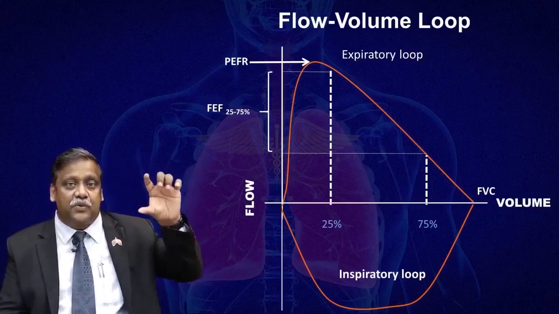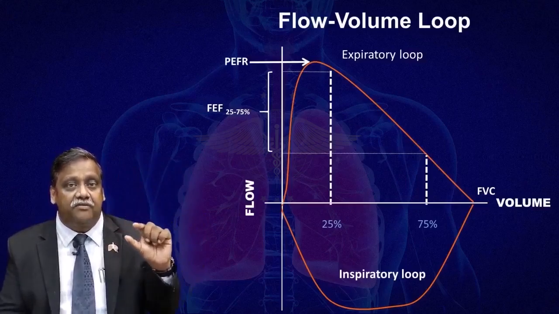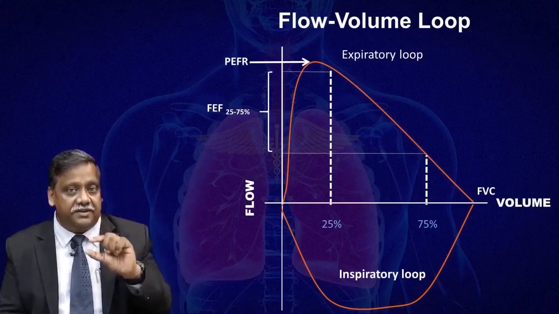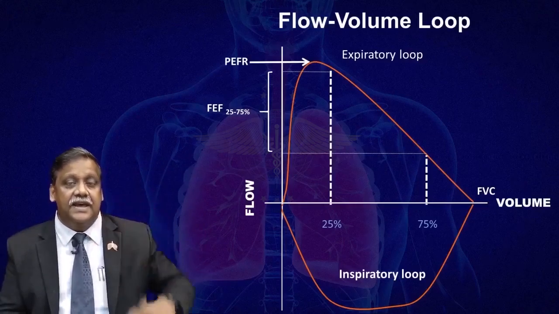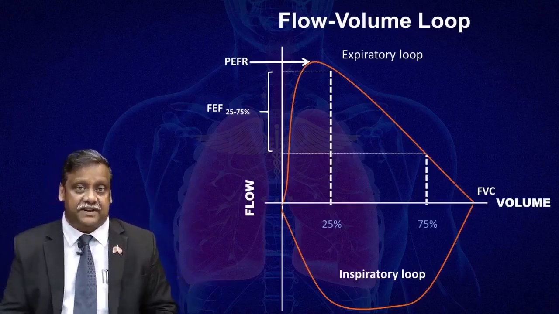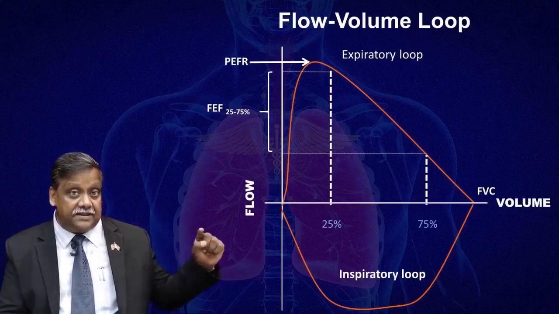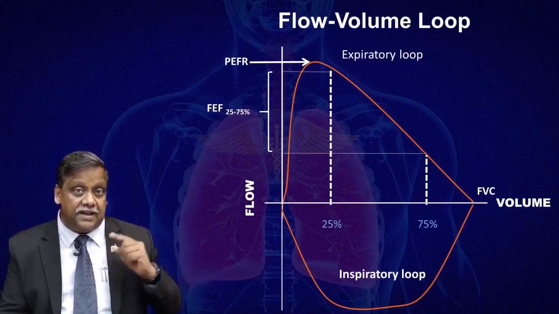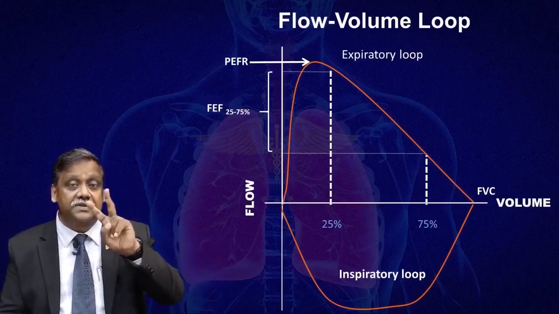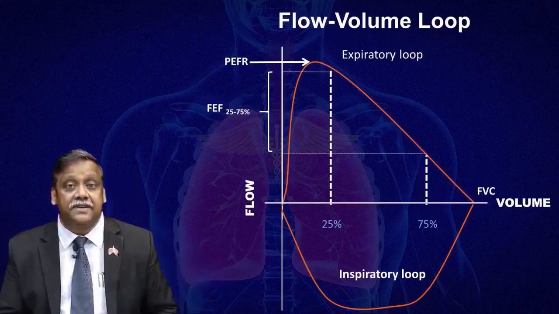So the average flow between 25% of the FVC and 75% of the FVC is called FEF 25 to 75. So which are the parameters that we get in a flow volume loop? You get the FVC, which is on the x-axis, and on the y-axis you get 2 parameters, PEFR and FEF 25 to 75.